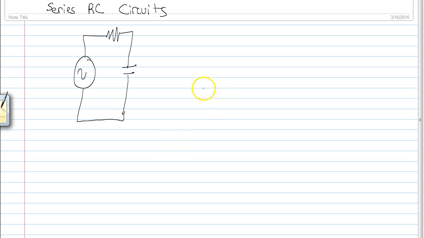Remember that in a purely capacitive circuit, in other words, a circuit that only has a capacitor, that circuit will shift the current and the voltage out of phase with each other by 90 degrees. Recall, probably from your first semester of circuit analysis, ELI the ICEman.